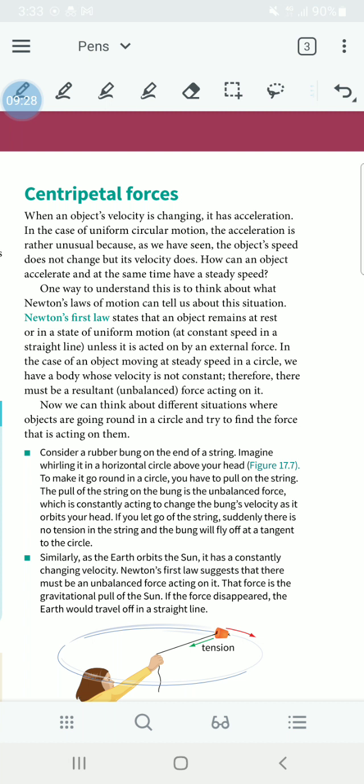It makes objects accelerate towards the center.